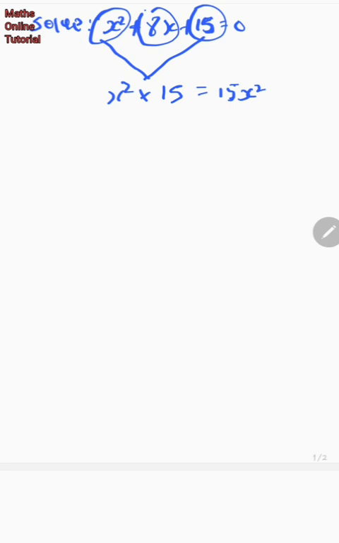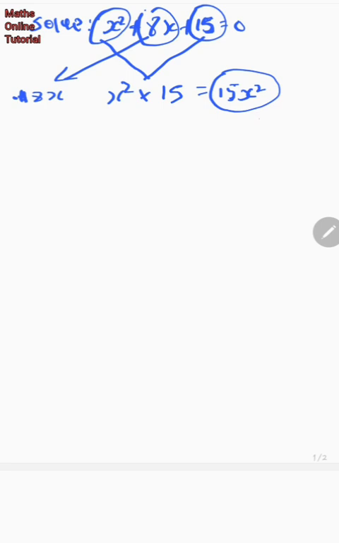The next thing to do is to find two values that, when multiplied together, give us this result, and when added together, give us the middle term, which is plus 8x. So what are the numbers we are looking at? We determine these two numbers by writing out the factors of 15.